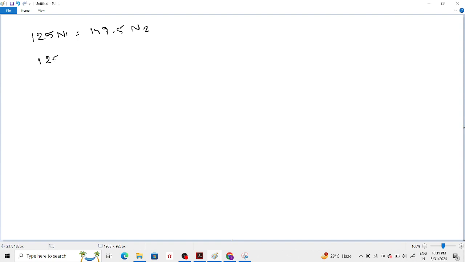So that gives me 125 divided by 149.5 n1 is equal to n2. Okay. So if we simplify this, and cut it with 5, we are going to get 250 n1 by 299.